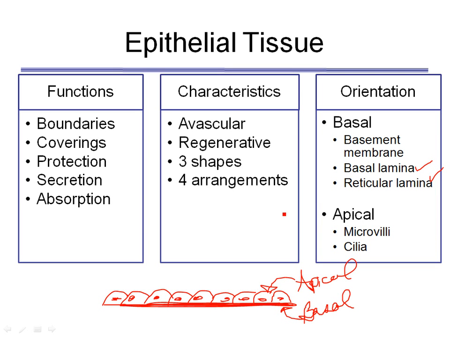And those layers are basal lamina and reticular lamina. One of the layers is structural and supportive, and the other is much more like a filter. Lastly, on the apical layer, if cells in this tissue are going to have cilia or microvilli, those will be present on the apical surface. Makes sense because that's what's exposed to the environment. So let's go look at them.